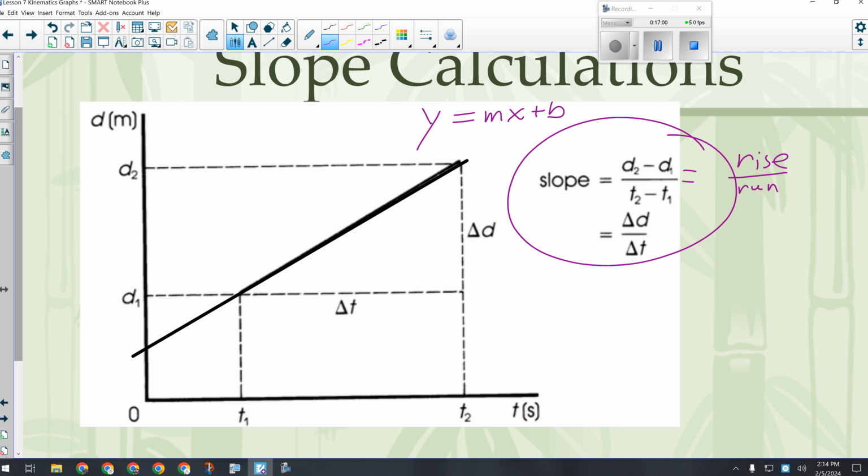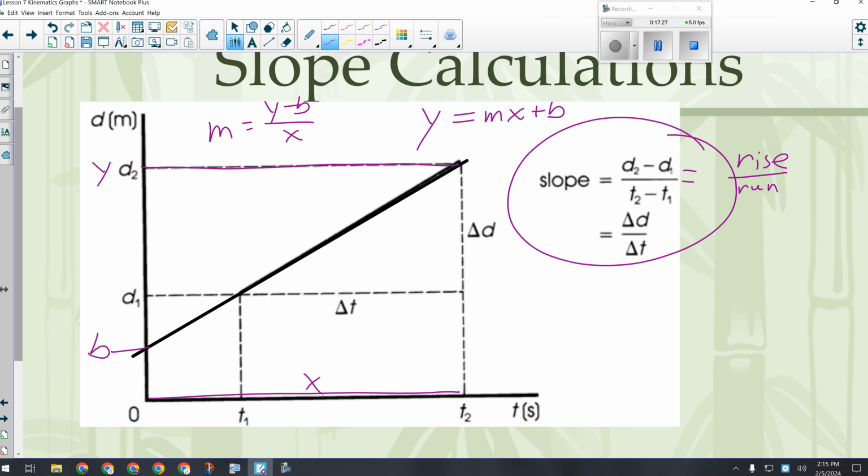If I manipulate this formula for m, I'm going y minus b over x. Well, that's y, that's b, and that's x. Am I still doing rise over run when I do that? It's the same thing. We just like y equals mx plus b better because when we have a linear function, we can use it to get more stuff.